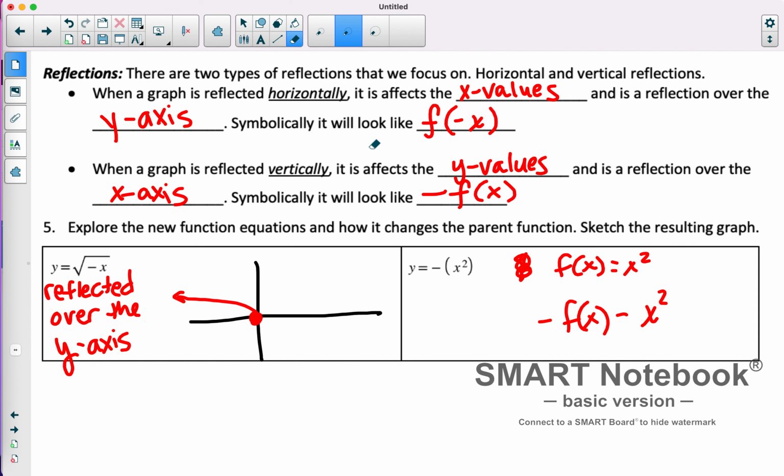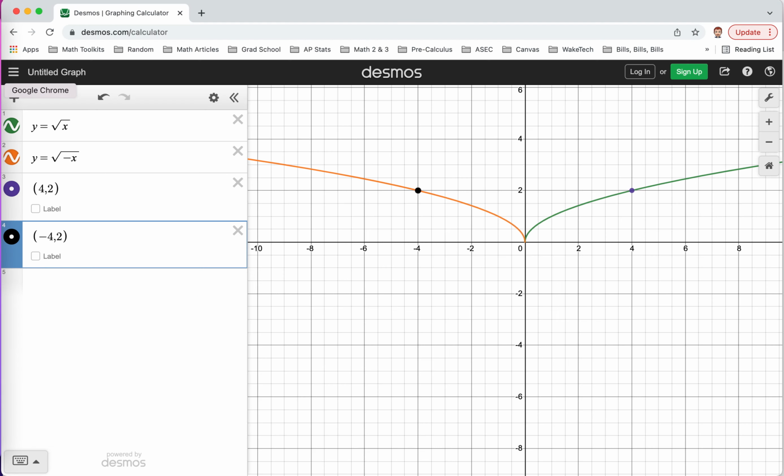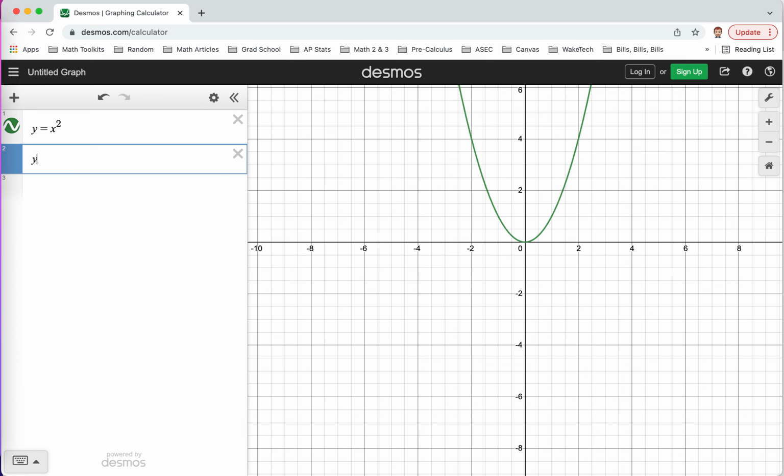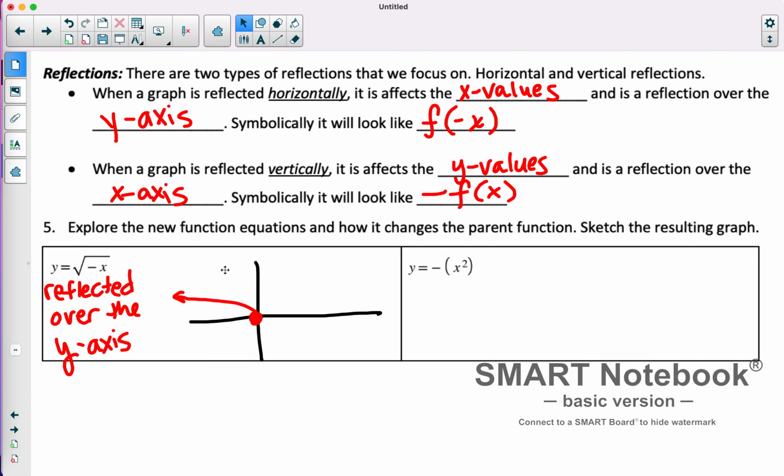So we're going to take that and put it into Desmos. The original function x squared is now negative x squared, and it's reflected over the x-axis. So that's a vertical reflection. When you have a negative in front, it's a vertical reflection.